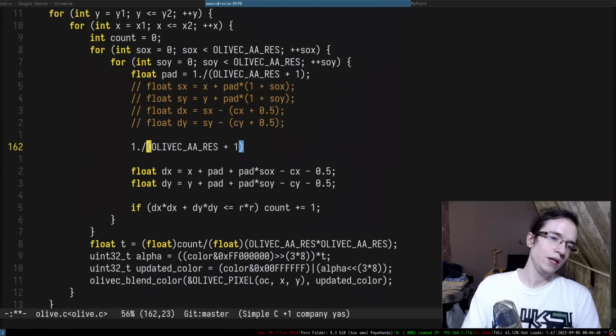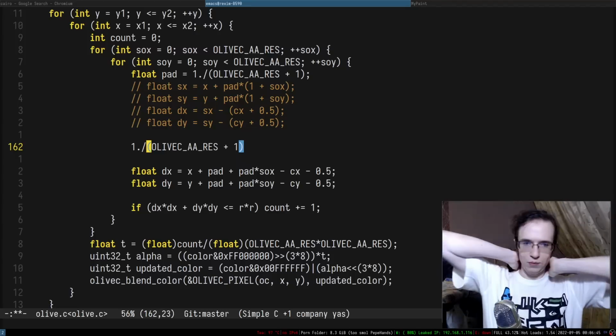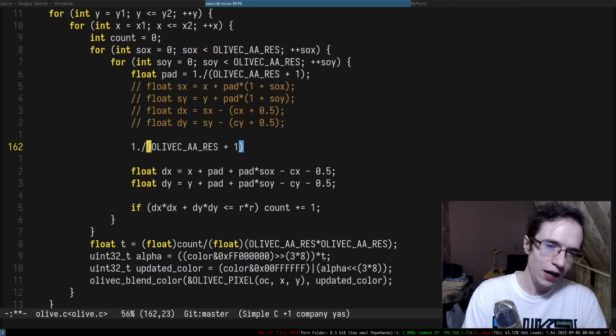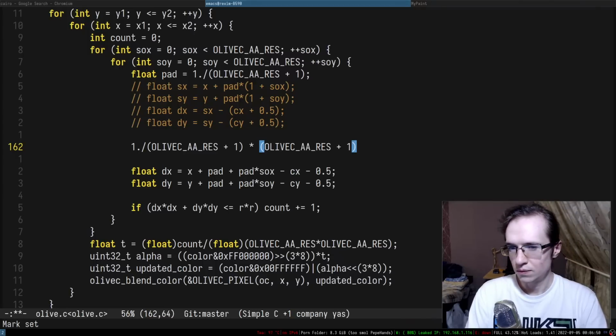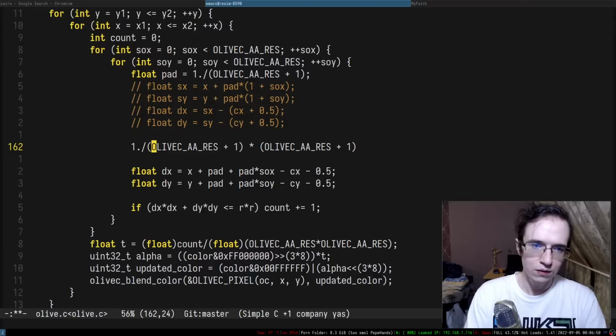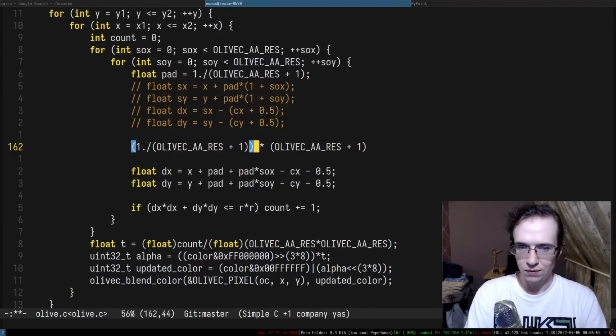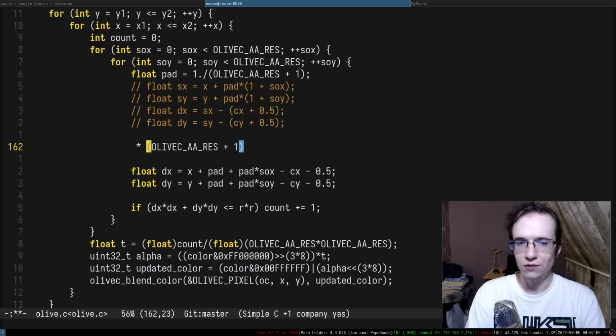Because you divide this thing by that, effectively you have to multiply it by this thing. Yeah, effectively, you need to multiply it by the resolution plus 1, and it will cancel out this entire thing. Okay, that is very cool.